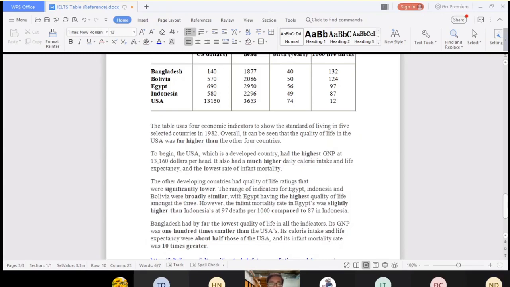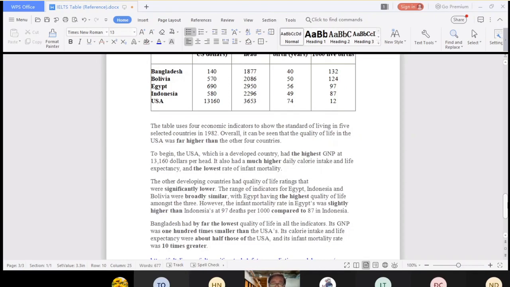Yes, thank you. You can mute yourself, okay? So what I want you to notice from the final paragraph is that you can't find any figures presented in it. The writer of this written task shows he can interpret the data.